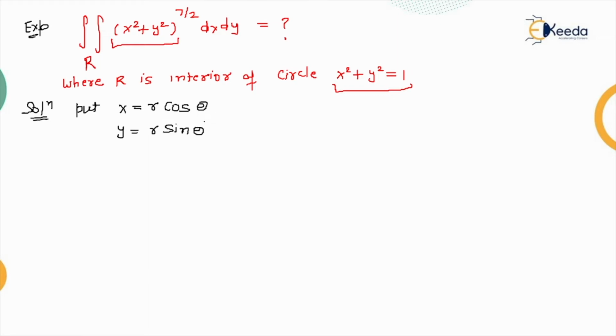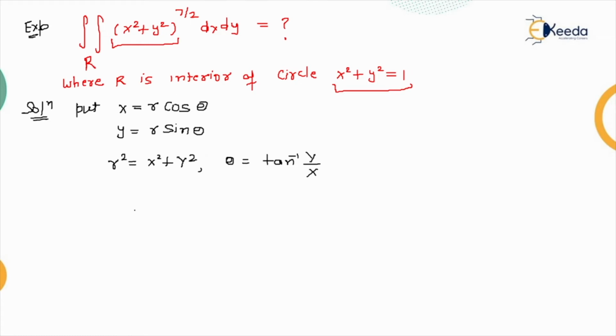And from this relation you know very well that r square must be equal to x square plus y square, and theta must be equal to tangent inverse y by x. I already explained this calculation in the last video, when we learned how to change Cartesian coordinates to circular, spherical and cylindrical.